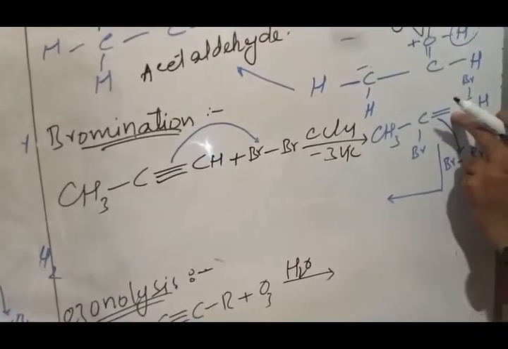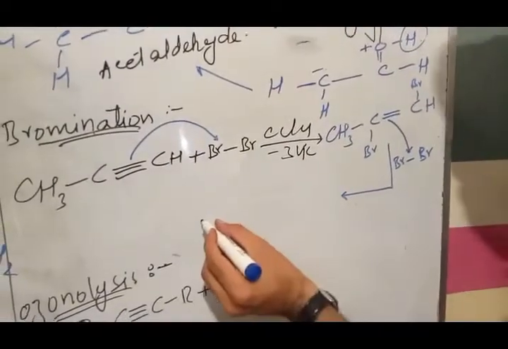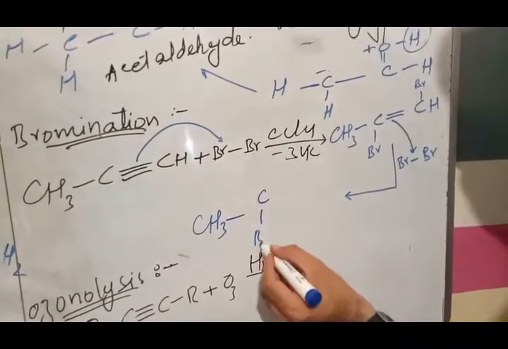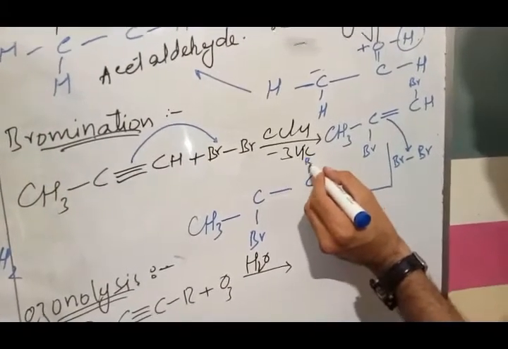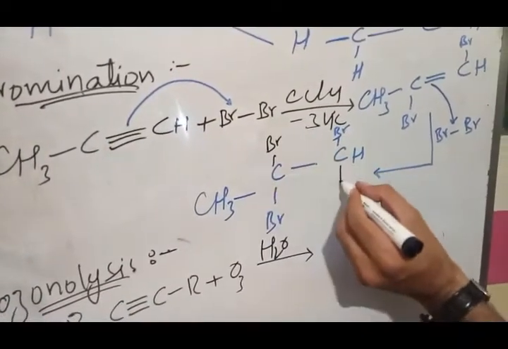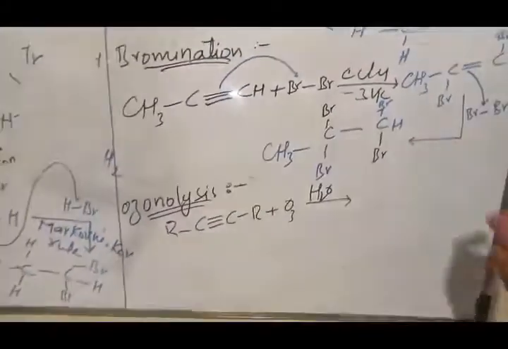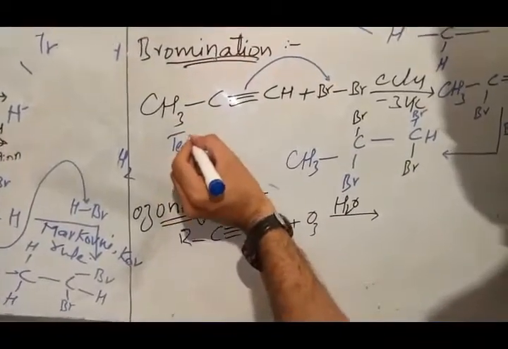This pi bond will break, and these two bromines will again attach, one at this carbon, one at this carbon, and this will be our final product: CH3 single bond CBr2 single bond CHBr2. This is our newly coming bromine, and this is our newly coming bromine. So this is our final product, and the name of the product is tetrabromopropane.